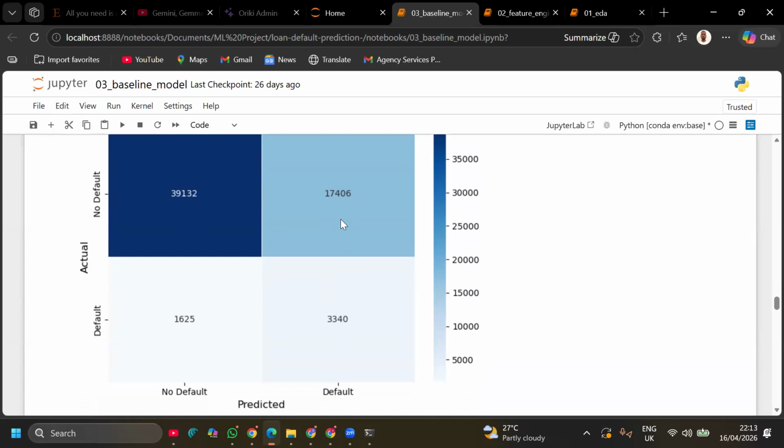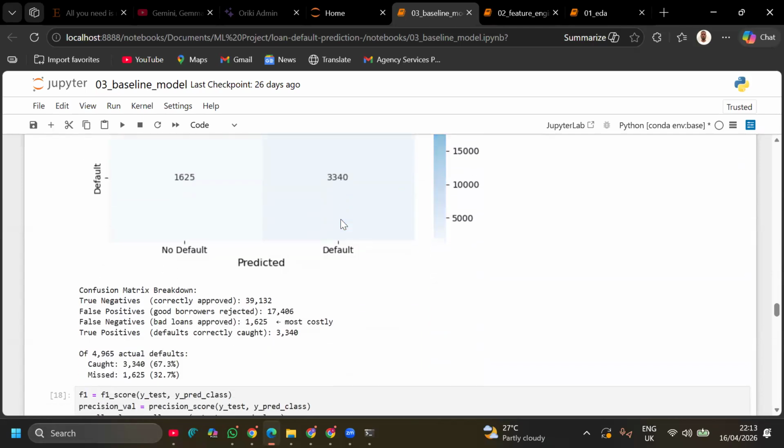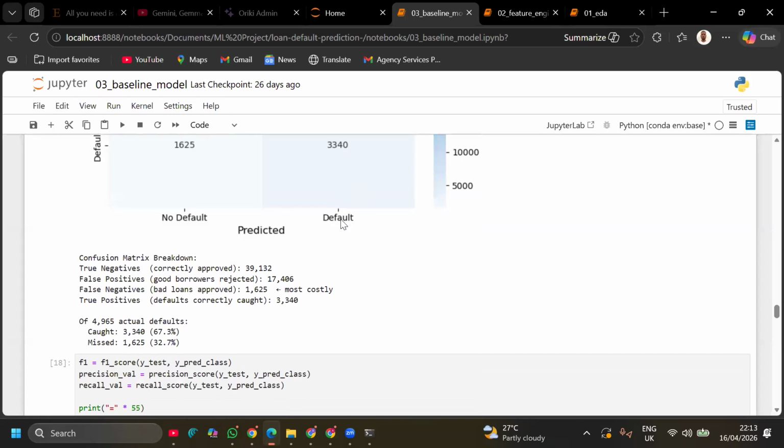3,340. Okay, so the correctly approved people that we can go ahead with to give them a loan is 39,132. That is what it is actually catching. But if you look at the ones that it actually missed, it's trying to tell us that it missed about 32.7%.